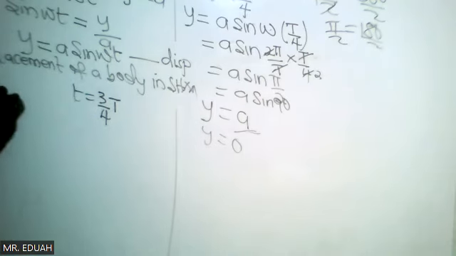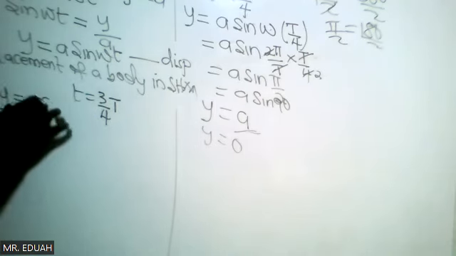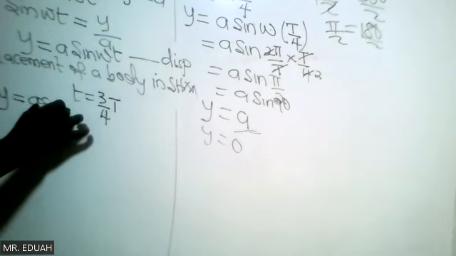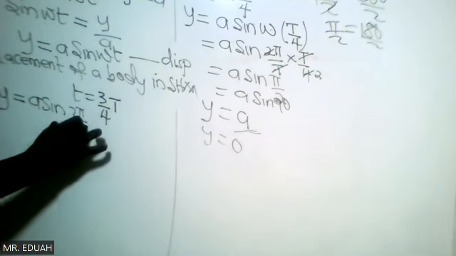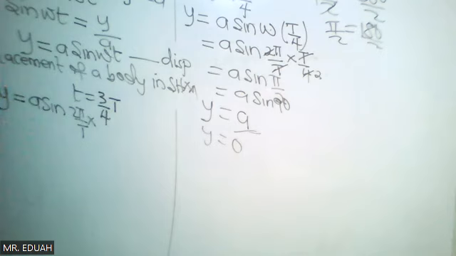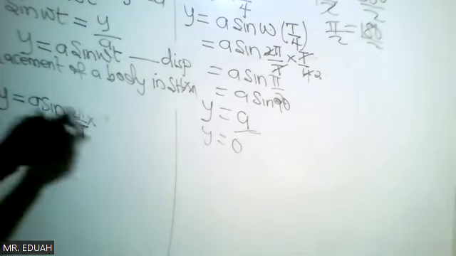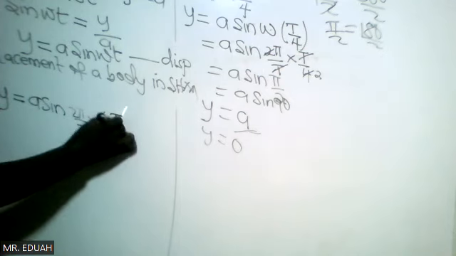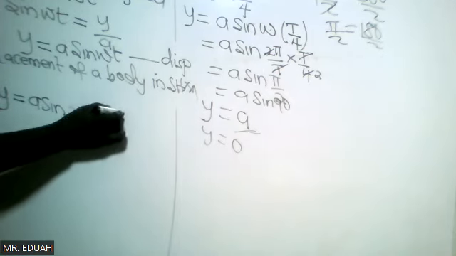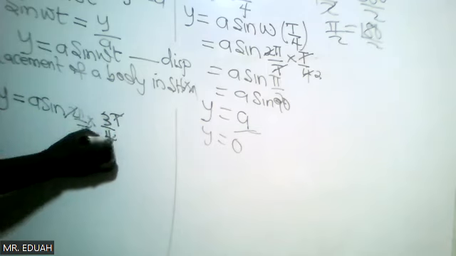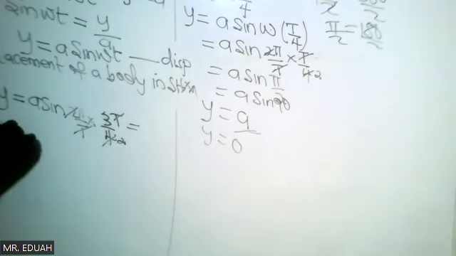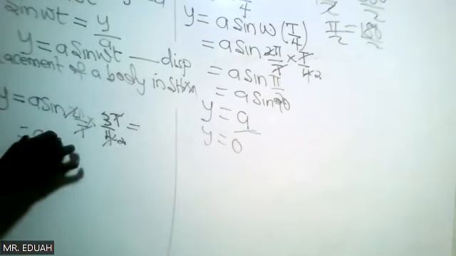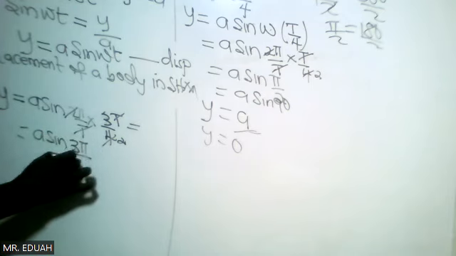When we put that into the displacement equation, we have A sine of omega, which is 2 pi over T, times the time, which is 3/4 of the period. So this and this will cancel. So we have A sine of 3 pi on 2.